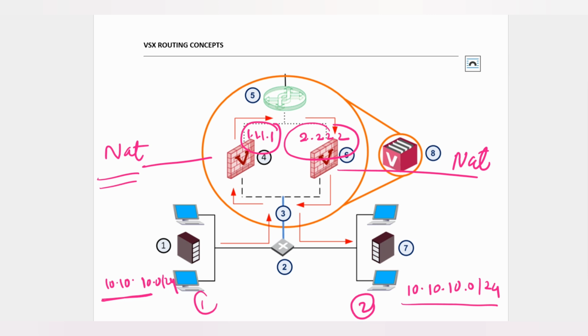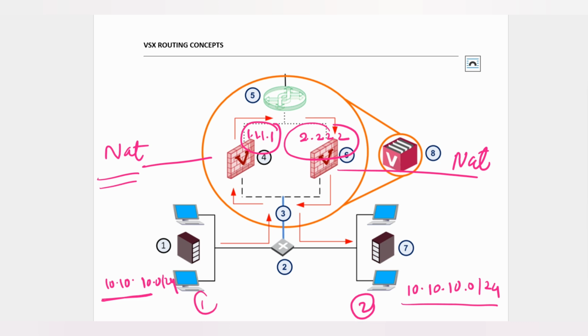So this is the basic constraint when you use NAT. To do this, first you need to define the NAT addresses to the virtual system connected to the virtual routers, and then you need to proceed further.